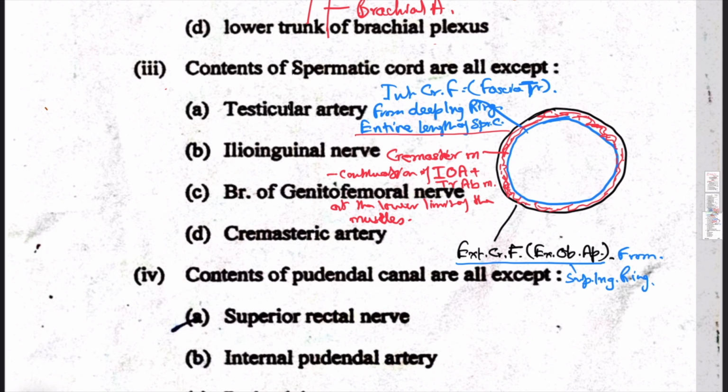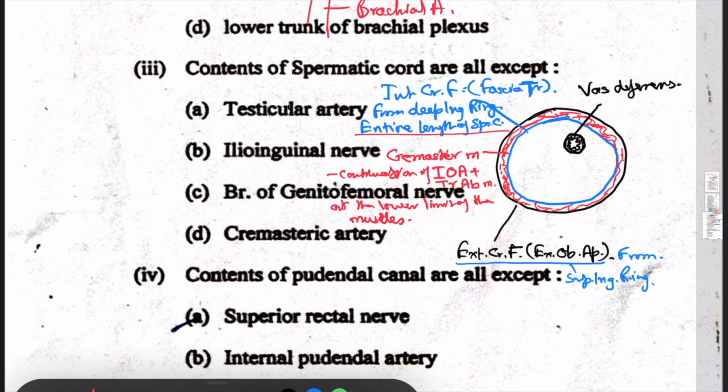Now we'll focus upon the contents deep inside. This content here is very important. It is called the vas deferens. Vas deferens is part of the ejaculatory system, and this will have an accompanying artery. What will this be?